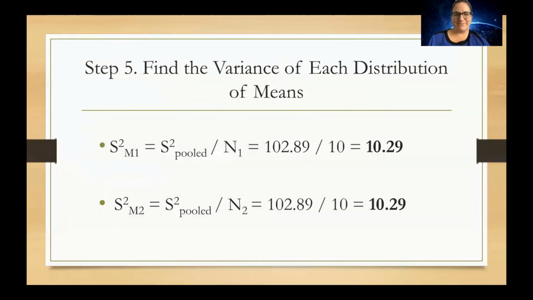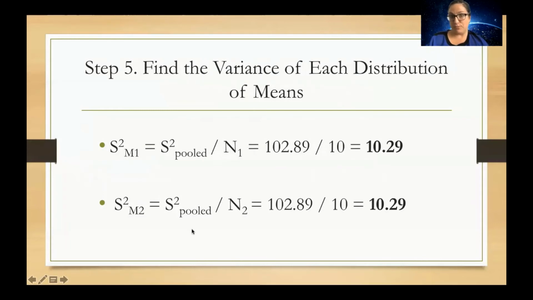In step 5, we're going to find the variance of each distribution of means. You take the pooled variance that we just calculated and divide it by n. Since our samples have the same number of people, the number is going to be exactly the same, because the pooled variance is the same for both samples.